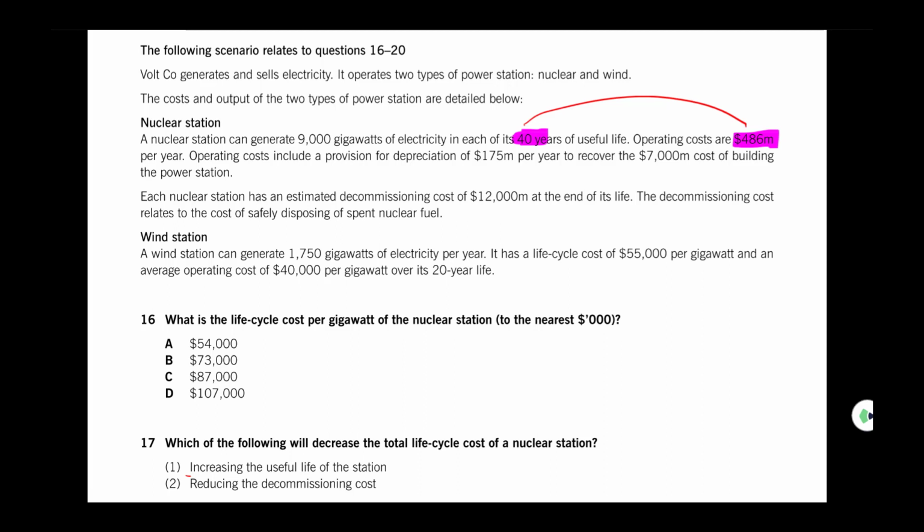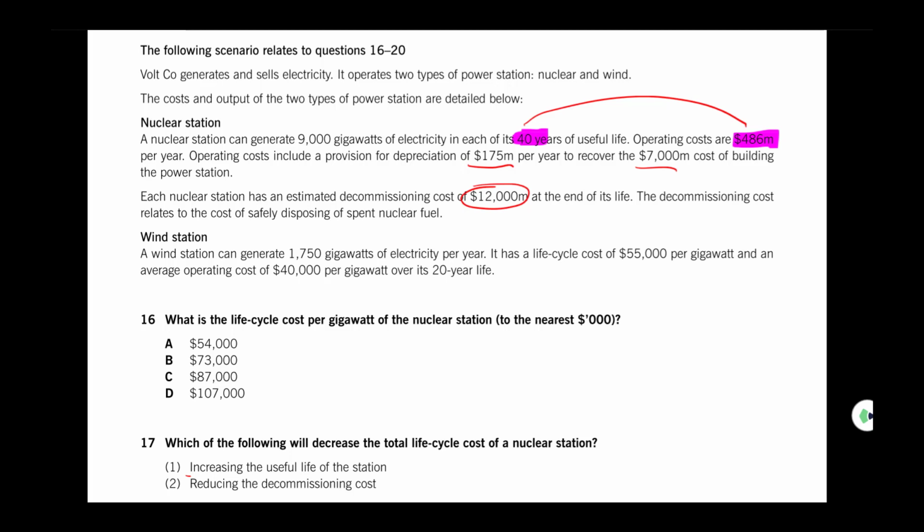These operating costs include a provision for depreciation. That's in there already, so we don't have to add that. That's covering the $7 billion of building that station. And then we have the decommissioning costs here. So we've got to add those decommissioning costs to the operating costs.